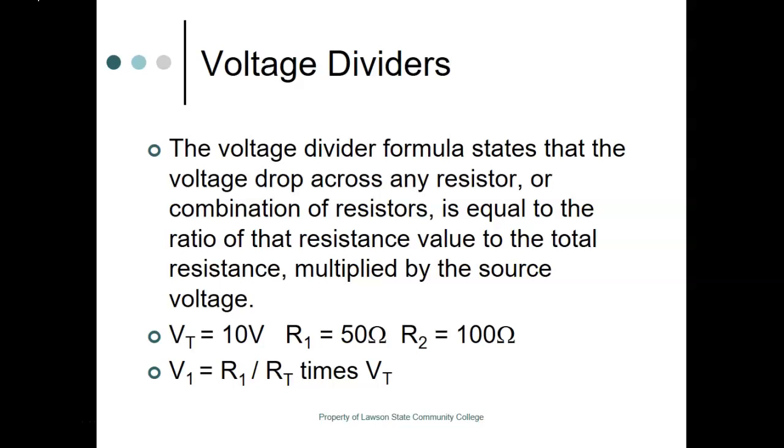The voltage divider formula states that the voltage drop across any resistor or resistors is equal to the ratio of that resistance value to the total resistance multiplied by the source voltage. This is the formula right here.